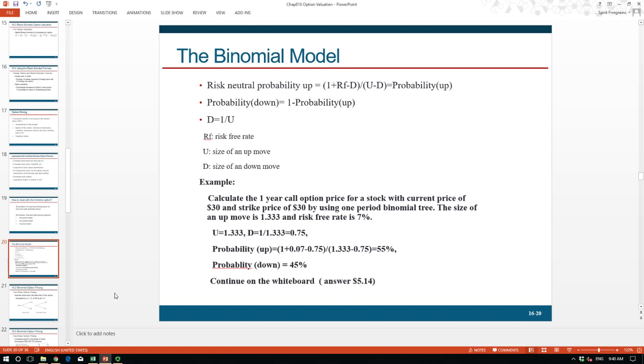We simply look at the payoff of this call option. If the stock price goes up by 1/3, it will go up to $40. Given the strike price of $30, the option delivers $10 of intrinsic value in case stock price goes up, and the probability is 55%.